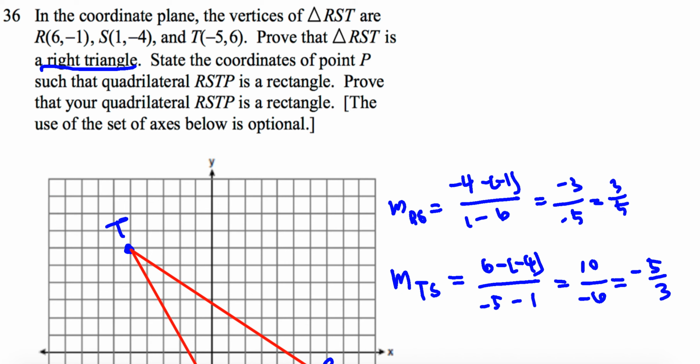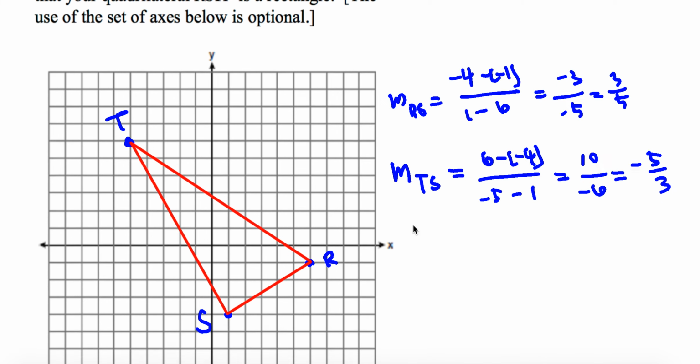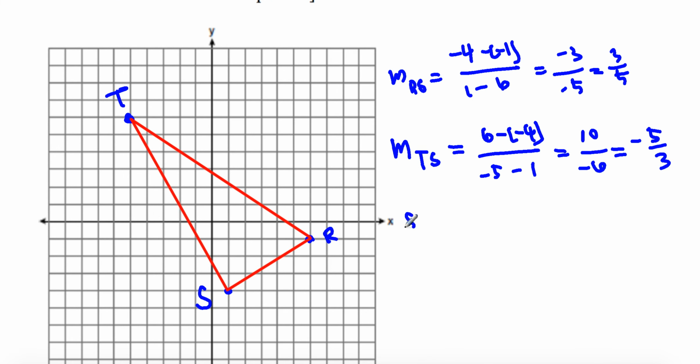So we can say that the slope of RS times the slope of TS is equal to negative 1. The fact that they're negative reciprocals of each other means that when you multiply those two slopes, they will be equal to negative 1.